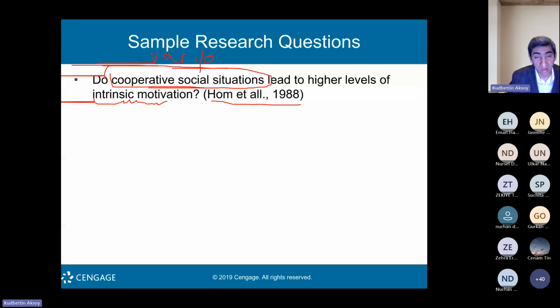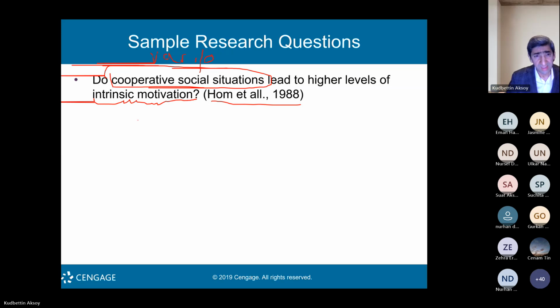Lead to higher levels of intrinsic motivation. Intrinsic motivation is when an individual is motivated in the absence of exterior rewards. So you are self-motivated. You don't need your teacher to tell you, I'm going to give you X. You don't need your mom to tell you, I'll give you ice cream if you eat your vegetables.